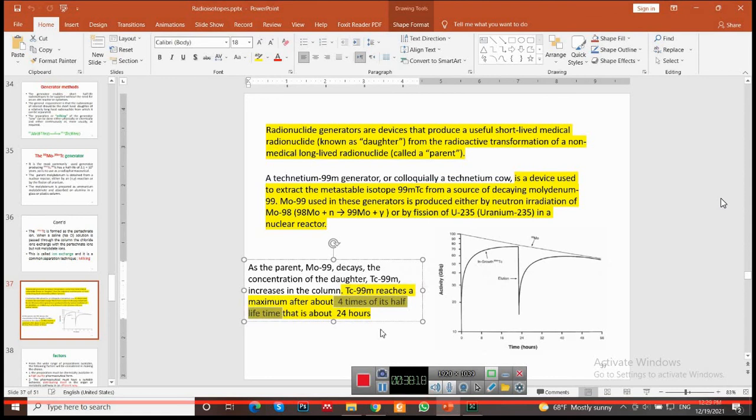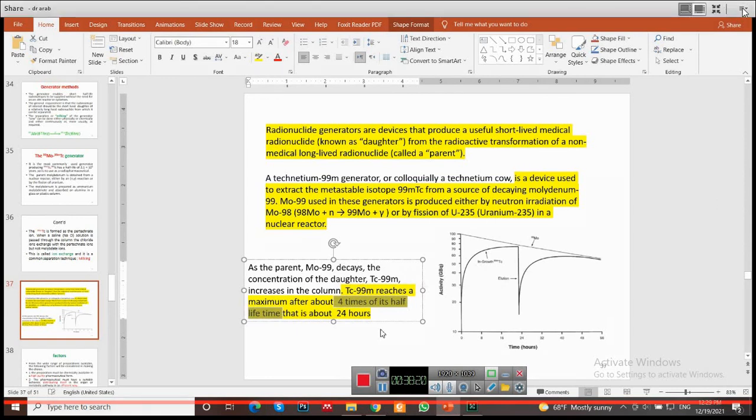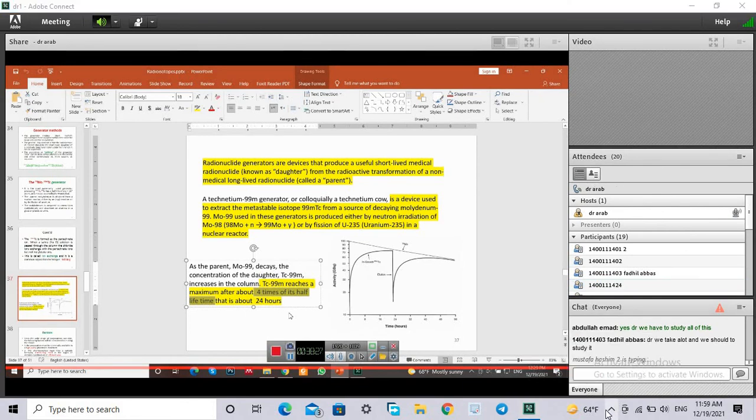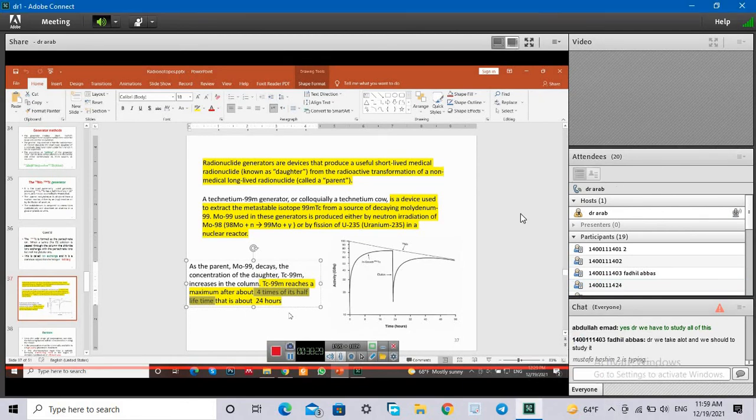Sometimes in your exam, I may ask you, for example, imagine we have a daughter in a generator with a half-life of about 8 hours. At which time can we obtain the highest amount of this daughter radionuclide?